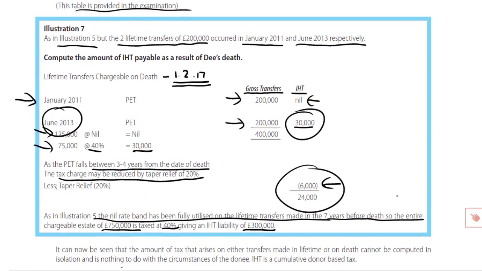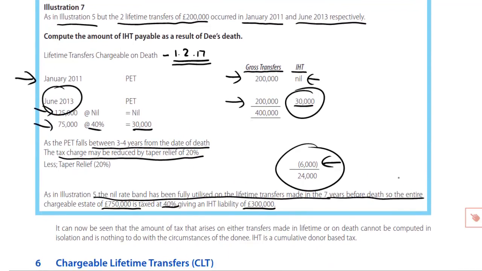Okay. Have a little think, therefore, now about how we deal with pets and about the cumulative nature of this tax. Knowing that on death, there having been no tax in lifetime, we are only concerned with pets made within the 7 years before the date of death, and they use up the nil rate band on a first come, first served basis, on a chronological basis.